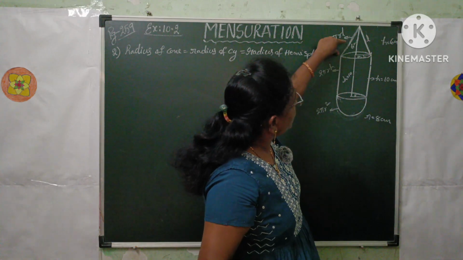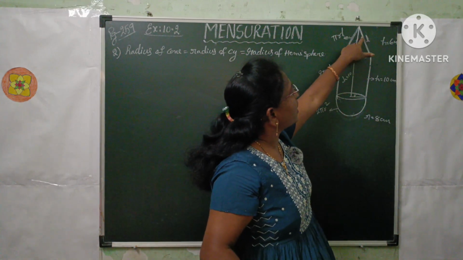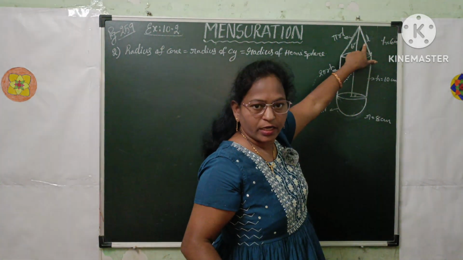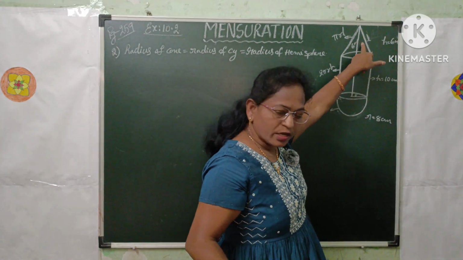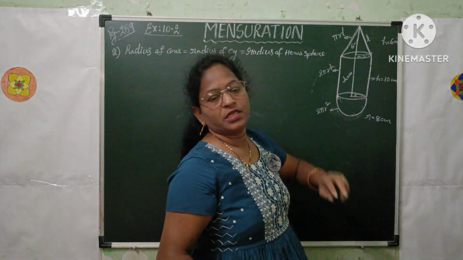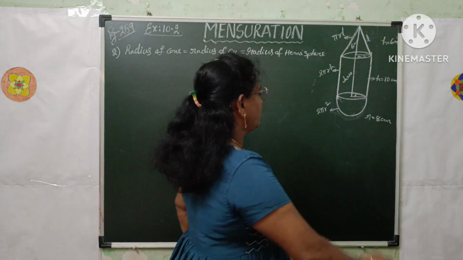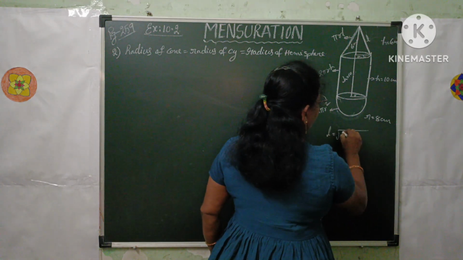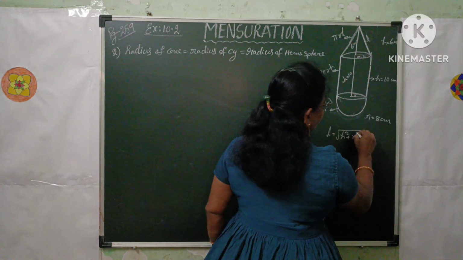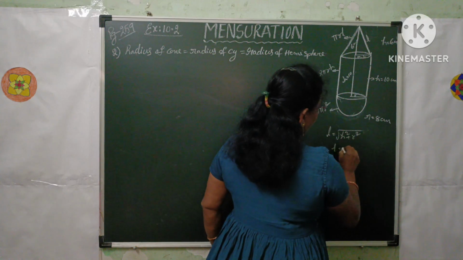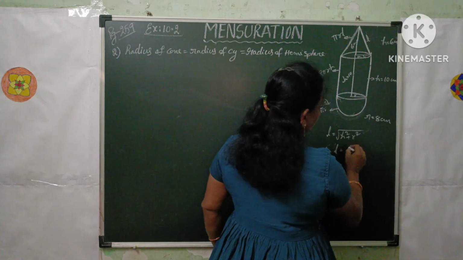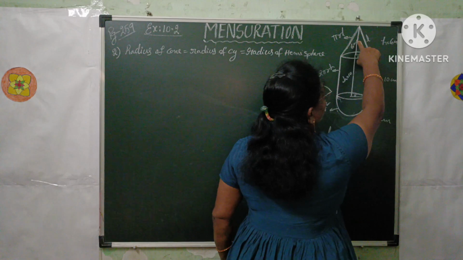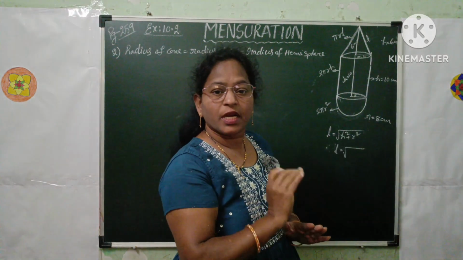But in the conical portion, l means the slant height. First find the slant height of the cone, then find the surface area of the cone. L equal to square root of h square plus r square. Here h is the conical portion height only.